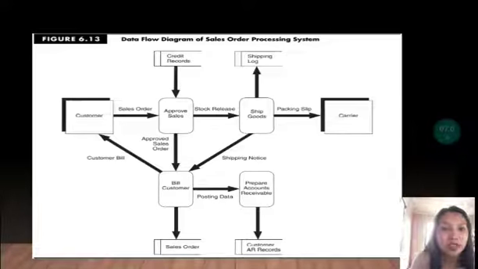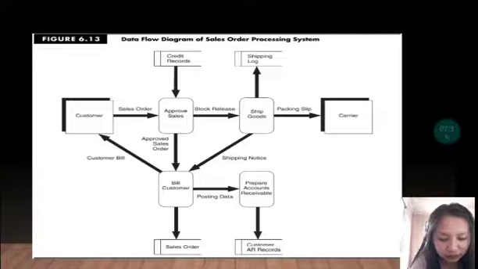Ma-process na siya, gikan sa customer to approve sales, and approve sales to bill customer. If ma-approve na ang sale, ato na siya padung sa customer para i-bill. Ang label na sa arrow, or ang data nga nag-flow from approve sales to bill customer is approved sales order. So, from sales order, nahimo siya approved sales order. You see the changes, even if it is kanang gamay ra. So, we added approved sales order for the label.